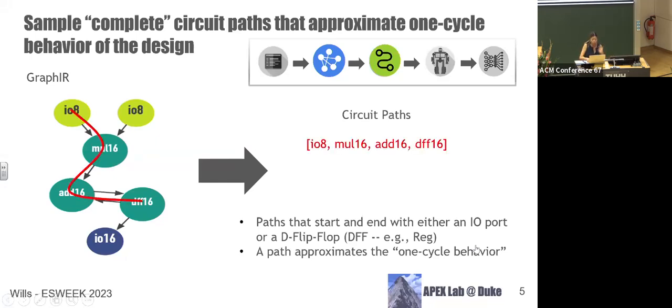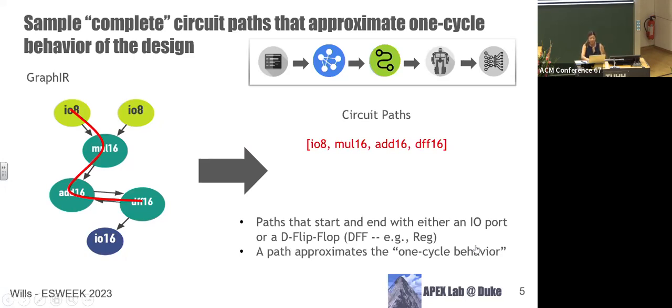So here we show 4 example paths. I'm going to go through the first one, which is marked in red. The path goes from IO8, mul16, add16, and DFF16. That's one path. Similarly, there are other paths in yellow, in navy, and also in blue.